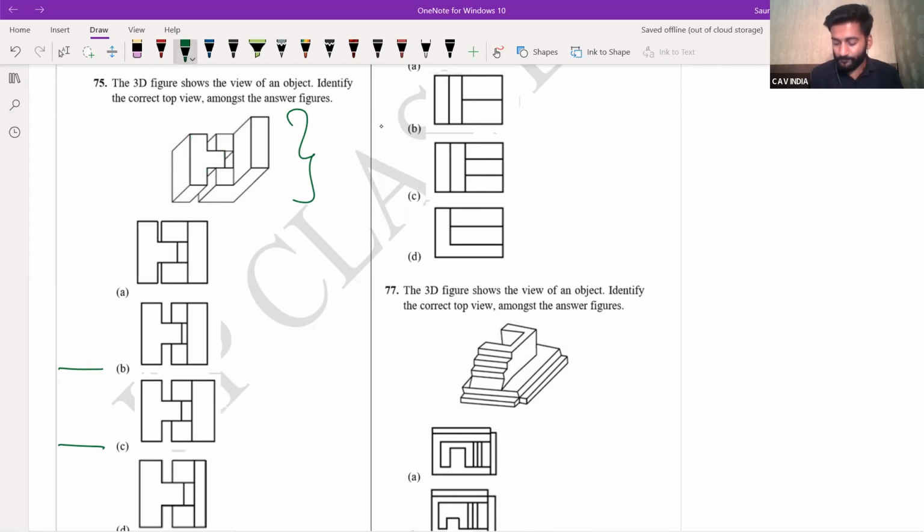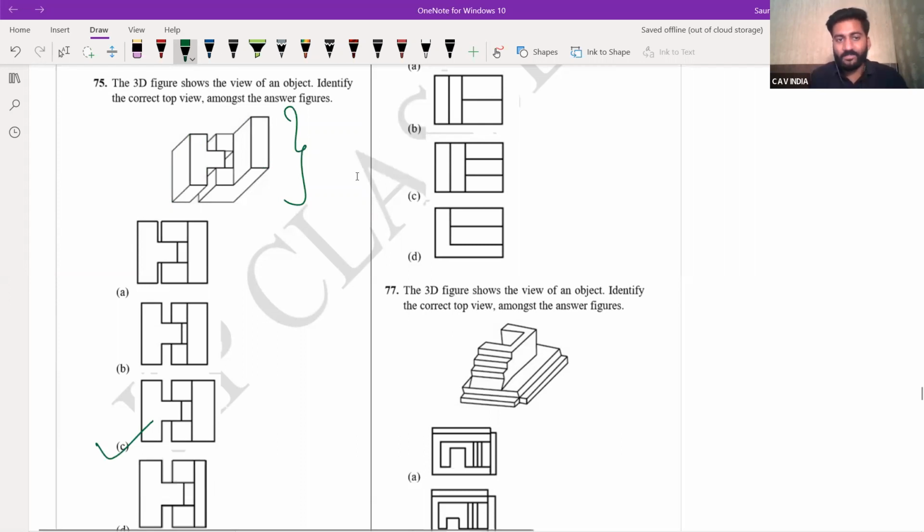But remember, you can also observe that these are some darker lines here, like this. That means this particular surface is towards us compared to these. Yes, C is the right answer. First understanding is this, so that you don't get confused in understanding the given figure.